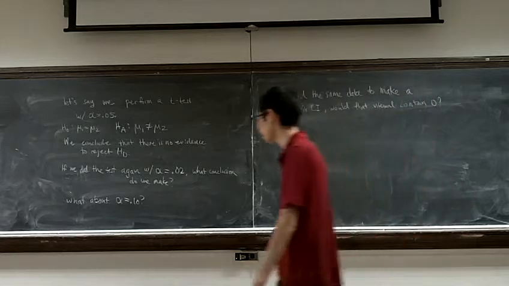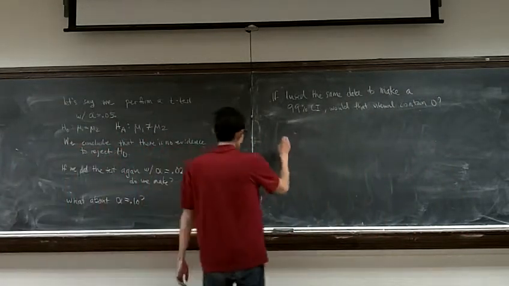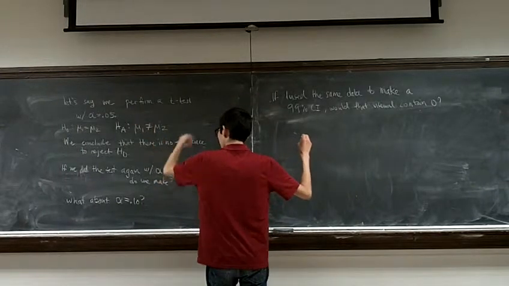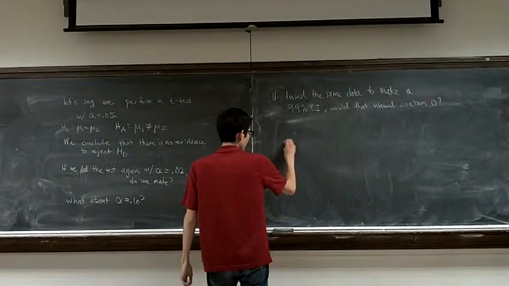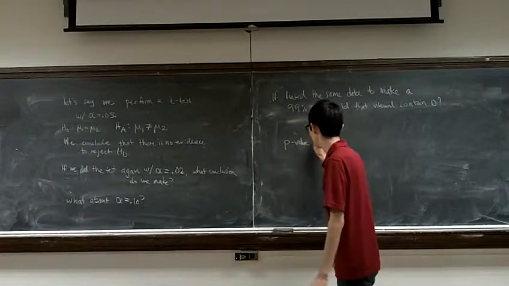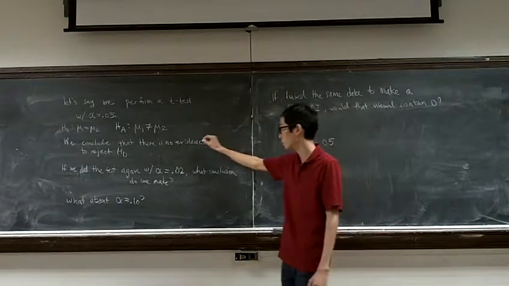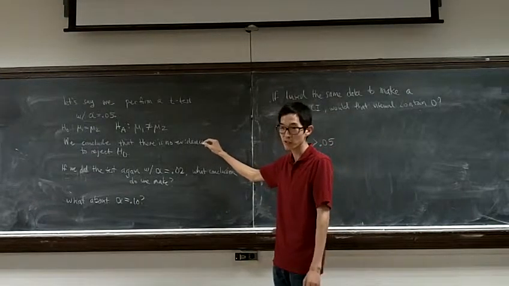All right. So the setup of the problem tells us that whatever our p-value is, it is greater than 0.05, right? We conclude that there's no evidence to reject the null.